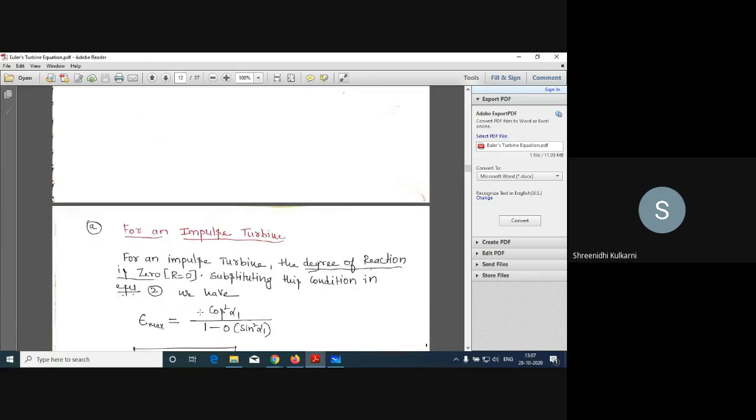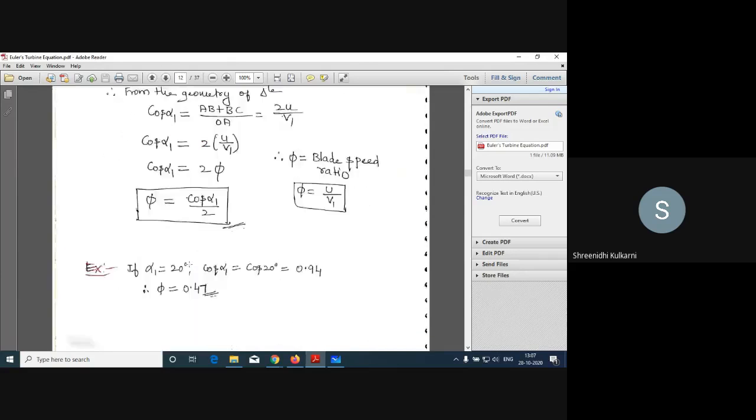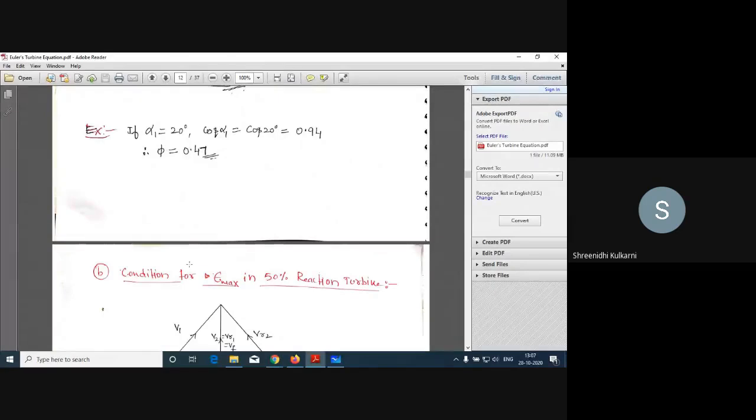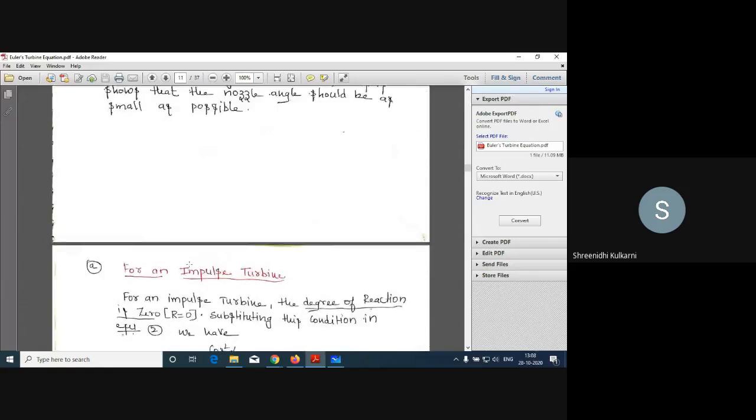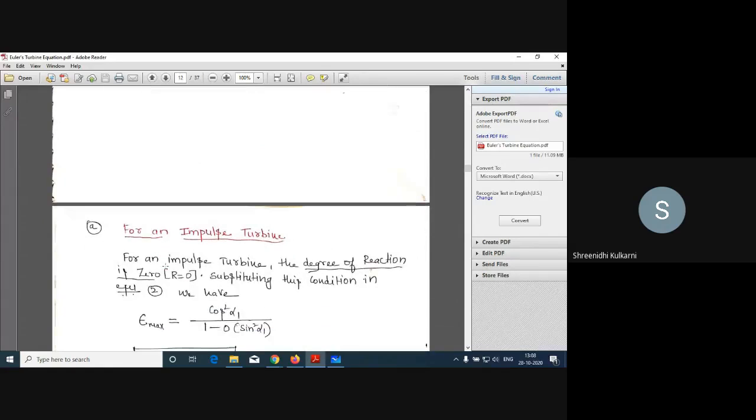Next, the same for the impulse turbine. We have to derive the maximum utilization factor for the impulse turbine and for the 50% reaction turbine. For an impulse turbine, the degree of reaction is 0.